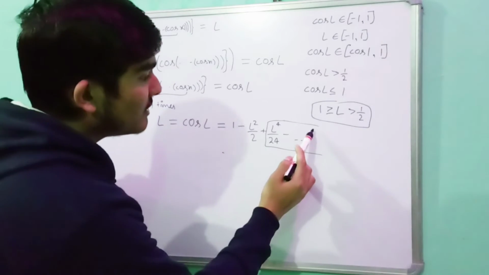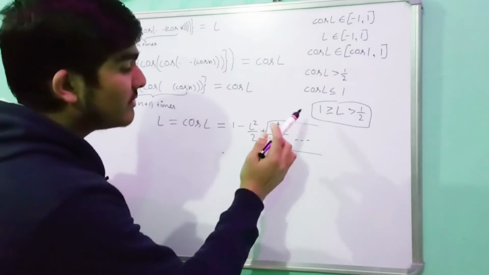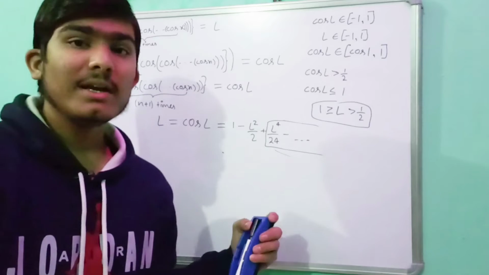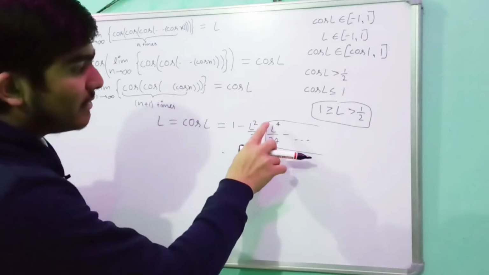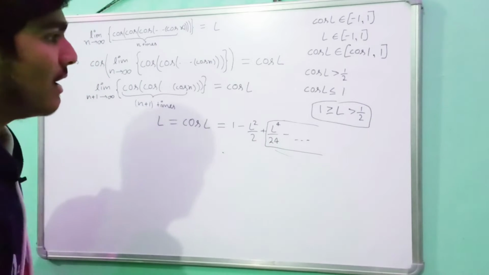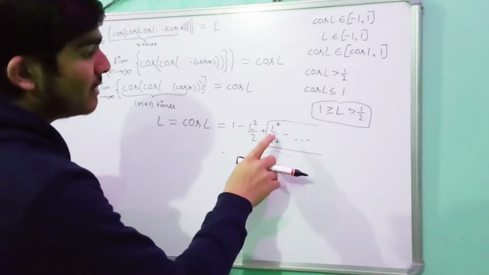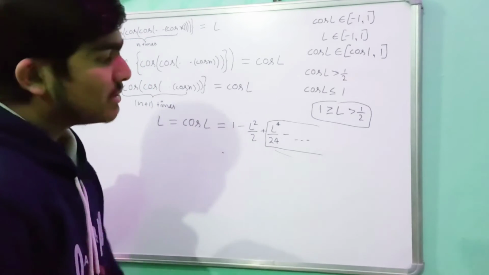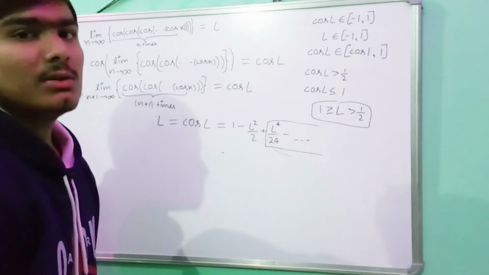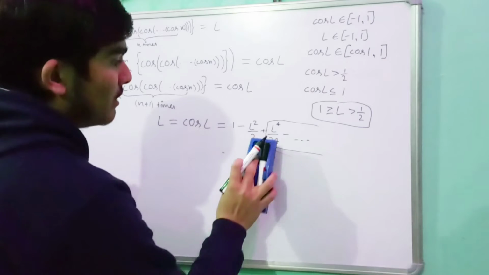So all of these terms will be approximately 0, because if I put 1, then it will be 1 over 24, and if I put half, then it will be even less than that. So we can ignore all these terms because they are almost 0.